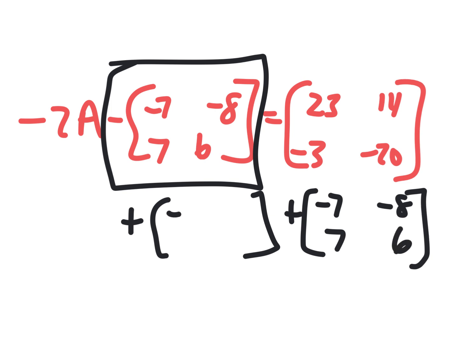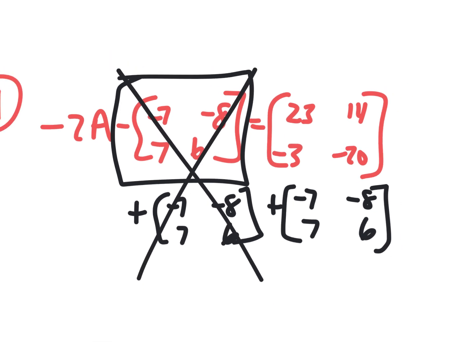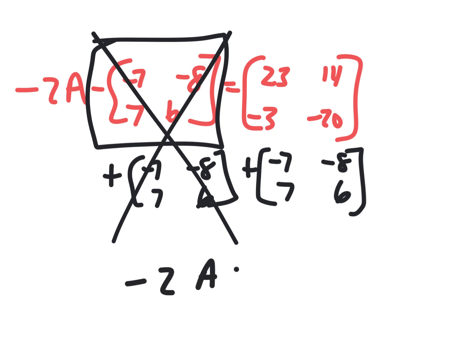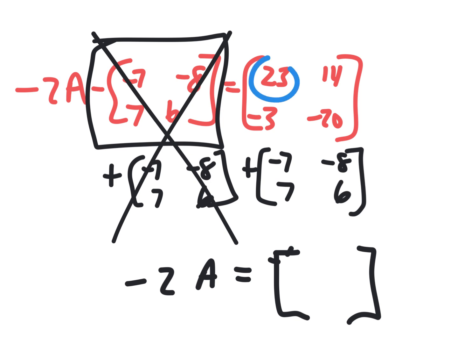Because when I do, I'll write it just to show you. I added that to both sides, and then this cancels that. Cool. Now I have negative 2a equals, and then that's going to be really easy. You just add the appropriate elements. The 23 gets added to the negative 7.